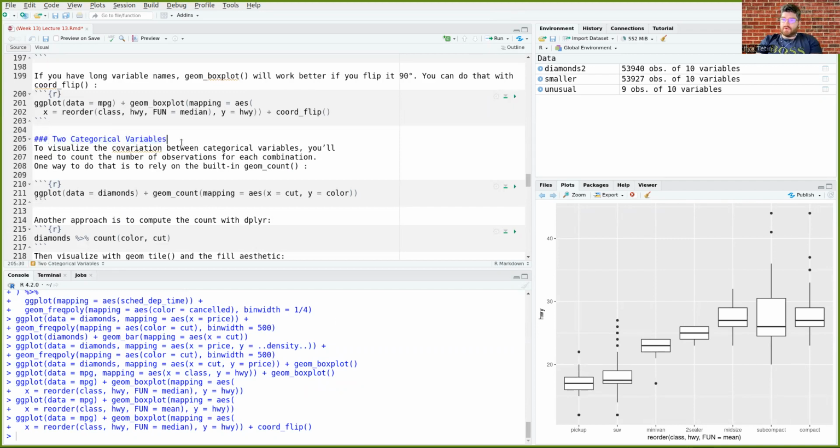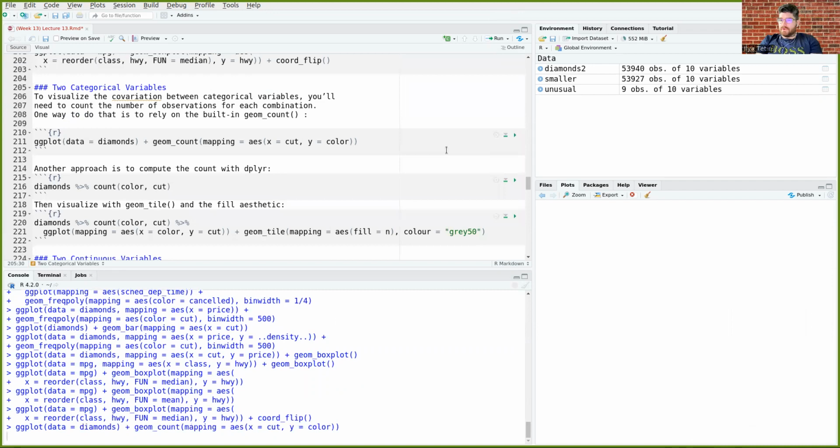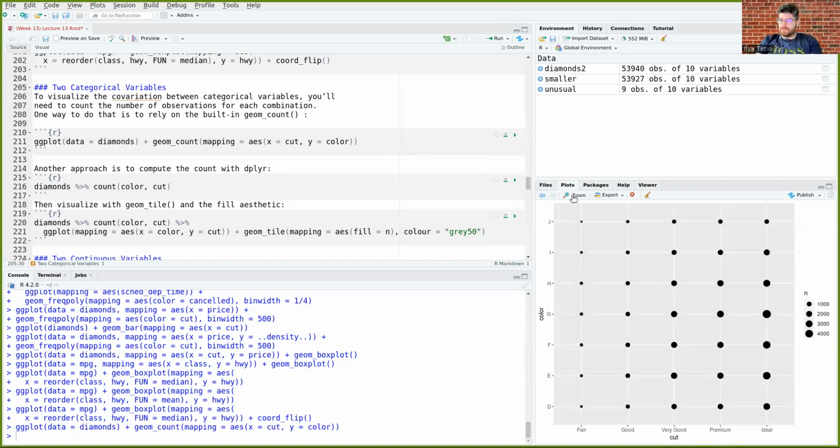Next, we move to the two categorical variables. So with two categorical variables, we are going to show how many of those values there are here. And we can see that there is the color of the diamond, J is not very good. It's a colorful diamond. And we can see that there are not very many of those diamonds, because how big this circle is is based on the amount of actual diamonds we have.